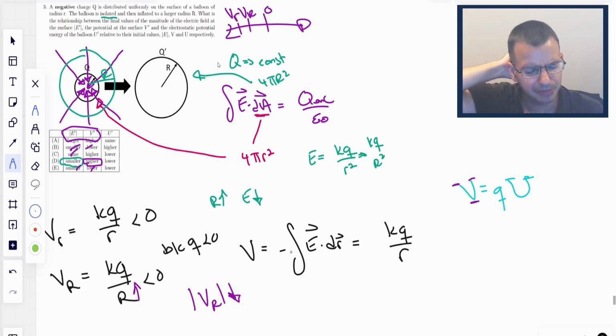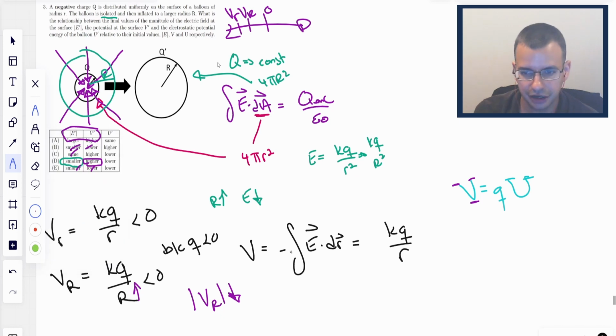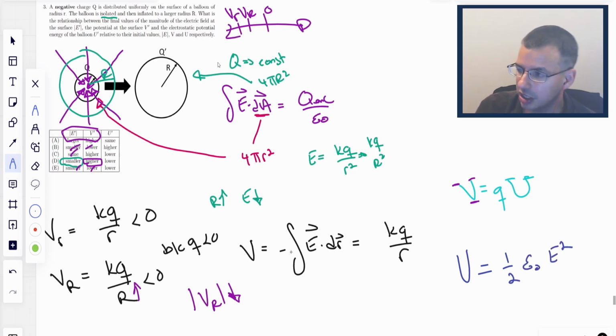So voltage potential usually has positive and negative, but you usually don't think of positive and negative in terms of energy, at least not in this way. So the easier way to think of this for energy is there's a formula for energy, and that is, I think it's 1/2 epsilon naught E squared.